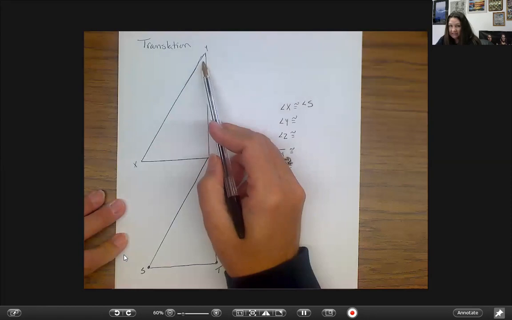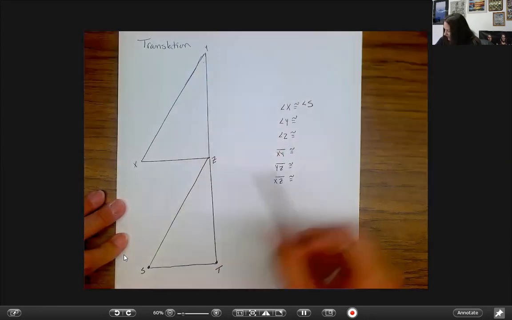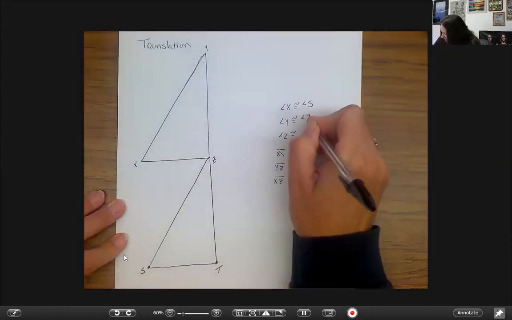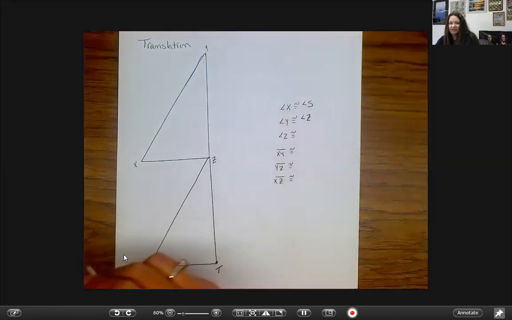Angle Y will correspond with angle Z on my second triangle.